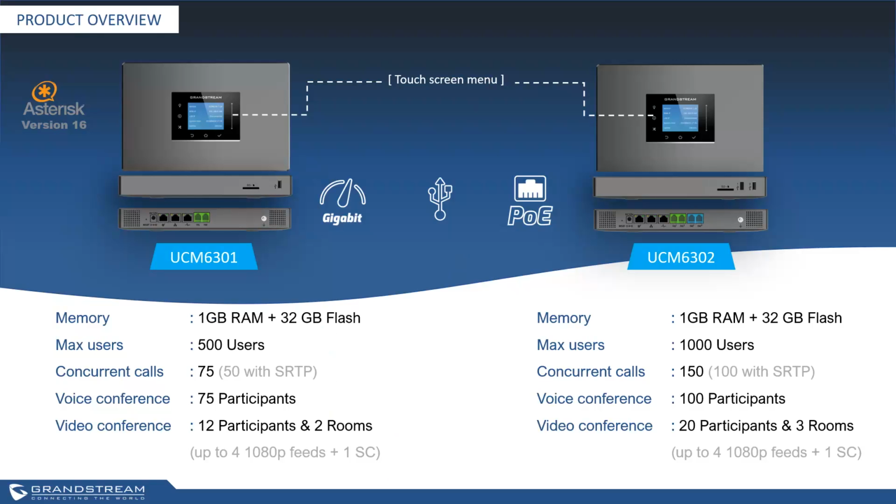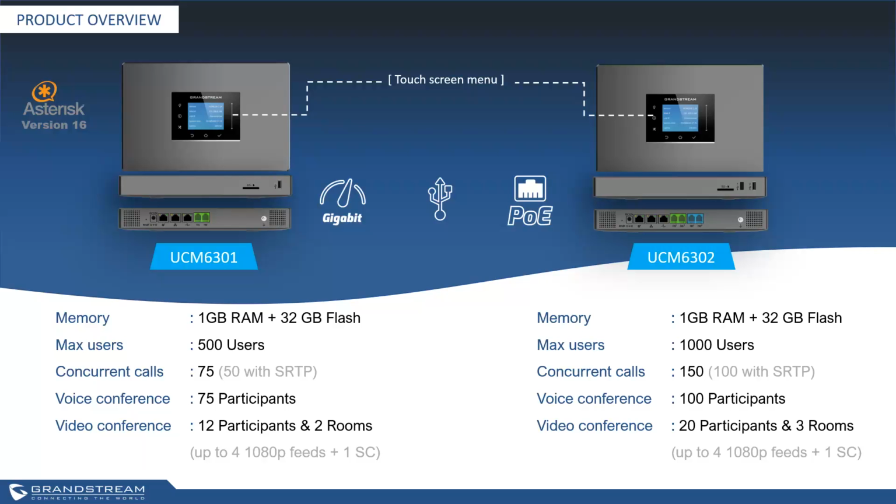All right, so before we dive into the UCM 6300 series ecosystem, I would like to briefly introduce the UCM 6300 models and highlight the main differences between the models and what makes them different from the UCM 6200 or 6510. The first thing that you should have noticed is the new look and design for these two models, and I mean 6301 and 6302.